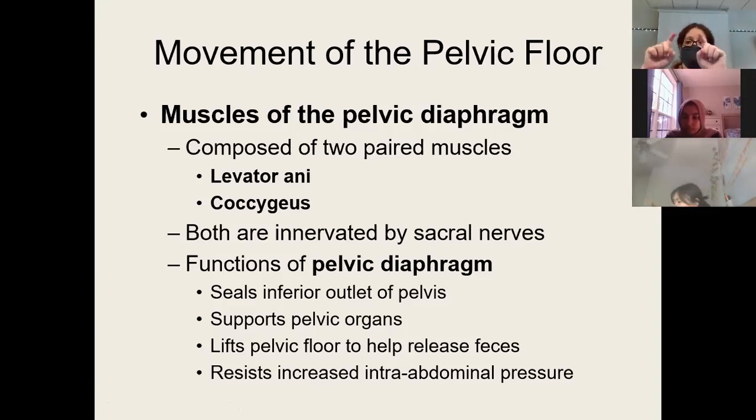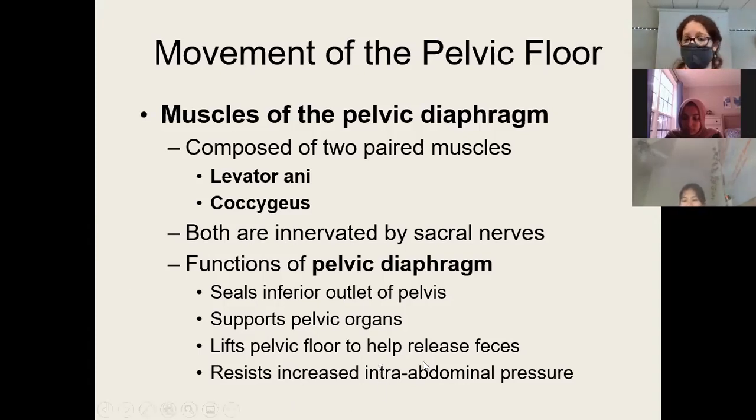Do you remember how the sacrum had like 8 holes down it in the foramen? Functions of the pelvic diaphragm: seals inferior outlet of the pelvis. So it closes off the bottom of you. That's nice. Supports pelvic organs, which would be the bladder, the vagina, the uterus, the testes, the rectum.